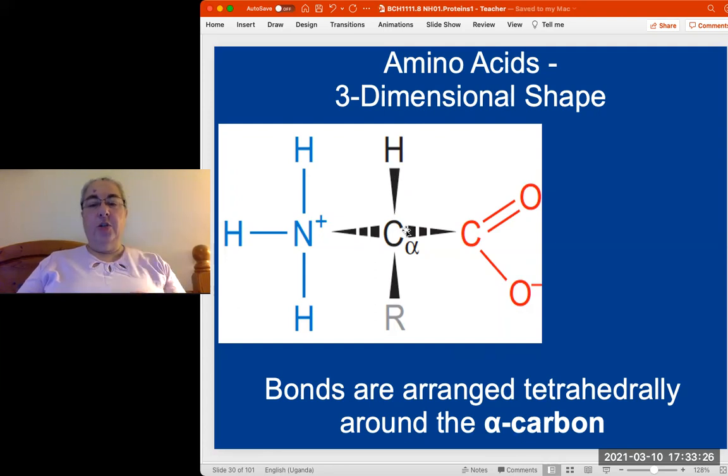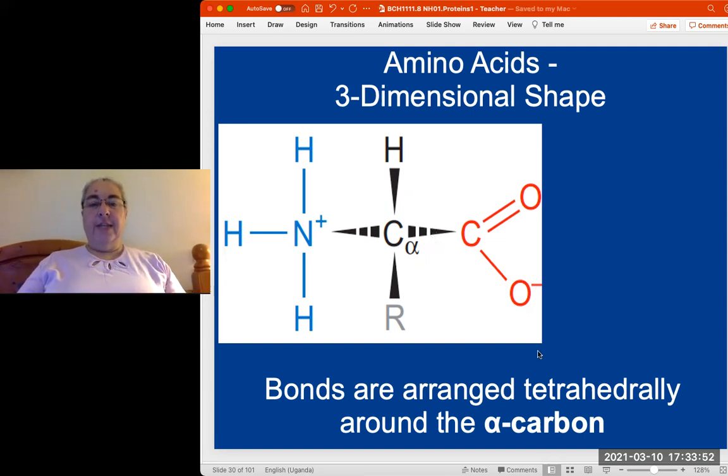And these 2 bonds are going backwards, going into the plane of the paper, if you like, and they're shown by these striped or dotted bond lines, triangles. Okay, so 2 groups coming out of the paper towards us and 2 going into the paper behind us.